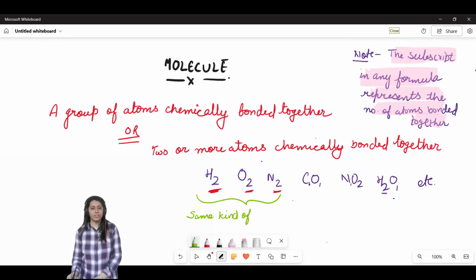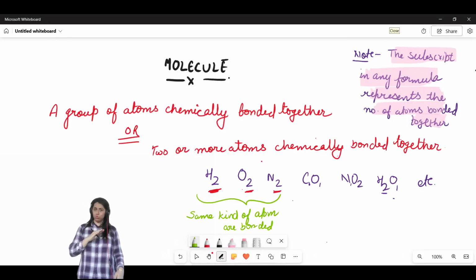What do we mean by this? In H2, we have H and H bonded together. In O2, we have O and O bonded together. In N2, let's draw it, we have N and N bonded together.